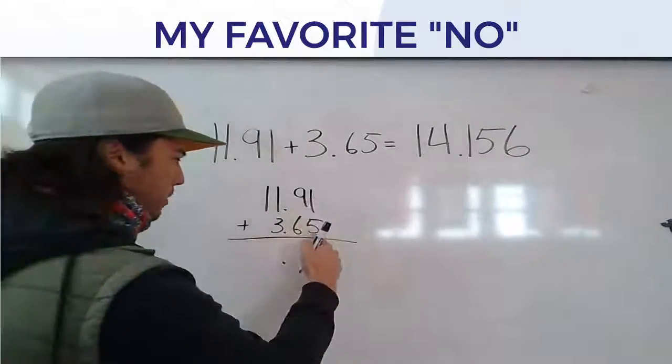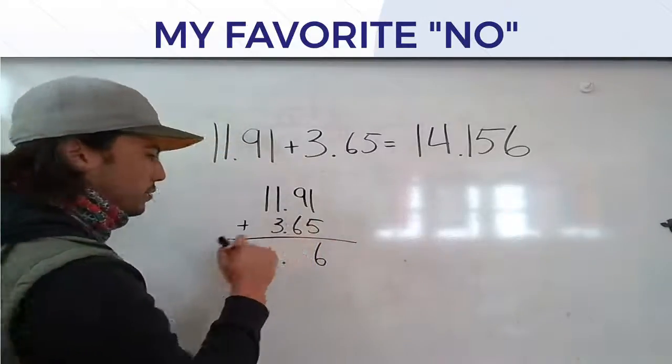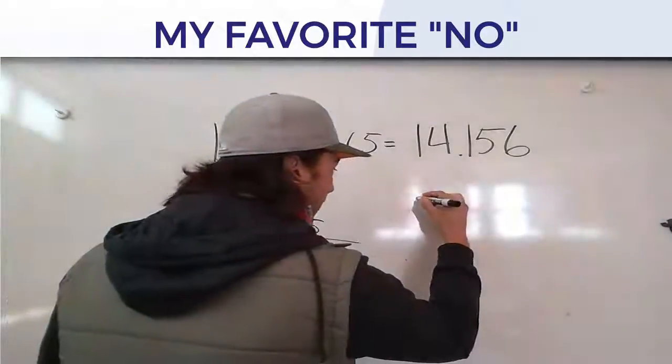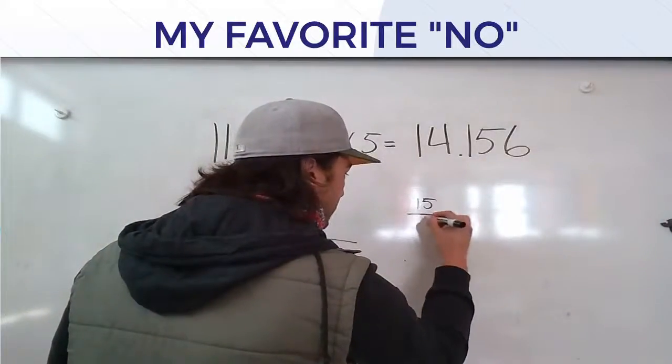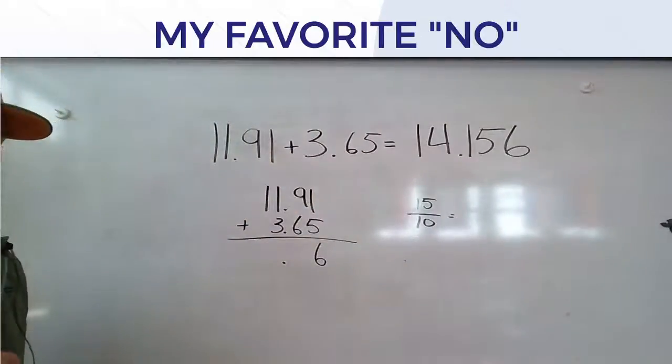Okay, so 1 plus 5 is 6 in the hundreds. 9 plus 6, we have 15 tenths. And if we were to write that out as a fraction, 15 tenths.